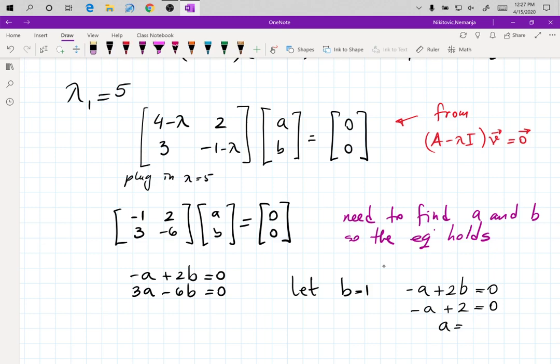No, A equals positive 2. Try it in the second equation. See what happens. 2 times 3 is 6, minus 6 is 0. It works in the second equation as well.